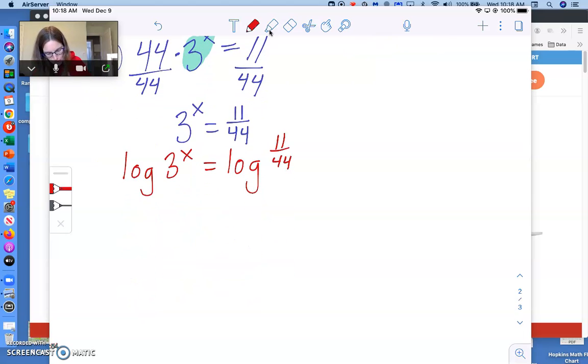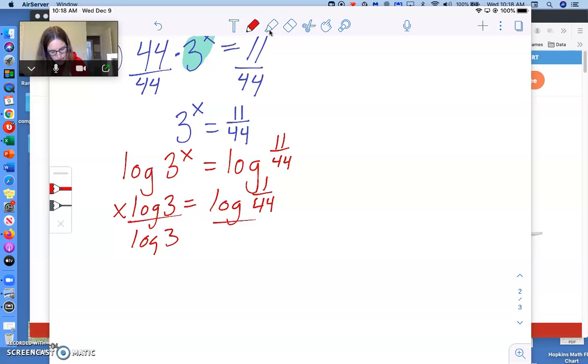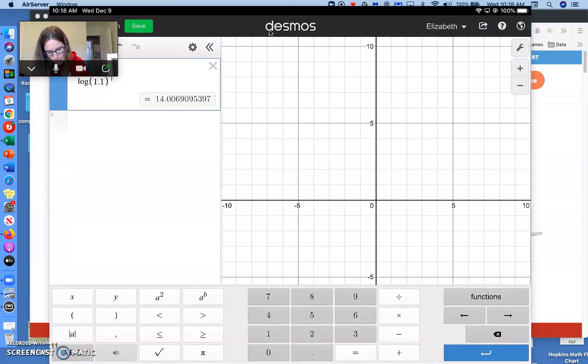Bring that exponent out in front. So x log 3 equals the log of 11 over 44. Divide by log 3, divide by log 3. So x equals, go back to Desmos here, the log of 11 divided by 44, divided by log 3.